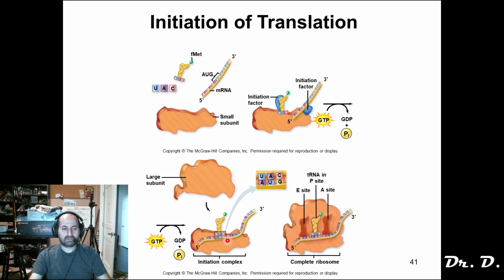So let's take a look. Look what happens. The ribosome finds the AUG start codon, and it also finds the tRNA that has the anticodon for that. So if AUG is the start codon, what is the anticodon for that? UAC. Only the tRNA that says UAC in its anticodon loop will bind, and it will bring an amino acid.